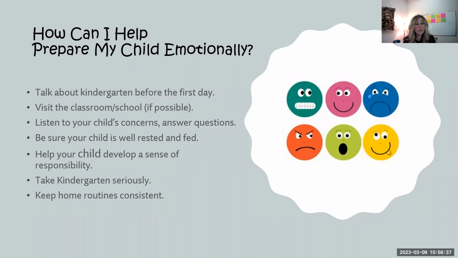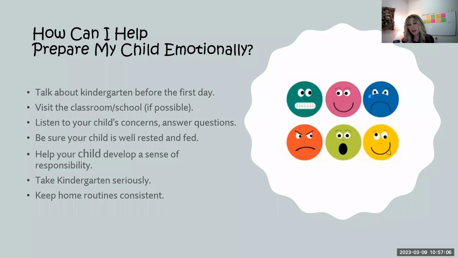Also, independence is important. So learning how to write their name, learning how to put their jacket on, possibly even the fine motor skills, zipping their jacket up, putting their shoes on. You could start to work on tying shoes, things like that. Something that your kindergarten teacher would really appreciate is, does your child know how to go to the bathroom independently? So can they wipe themselves?